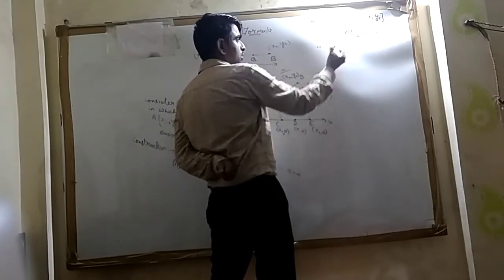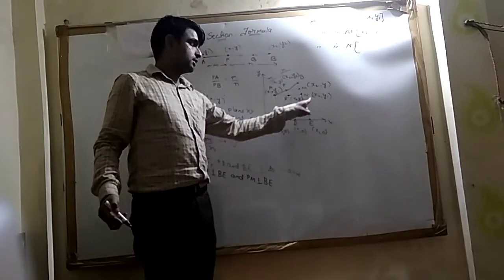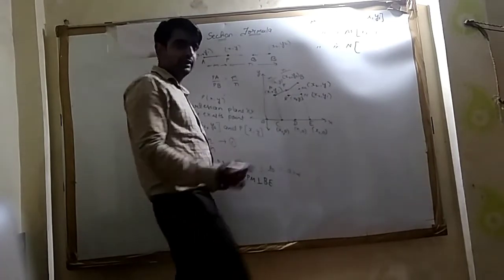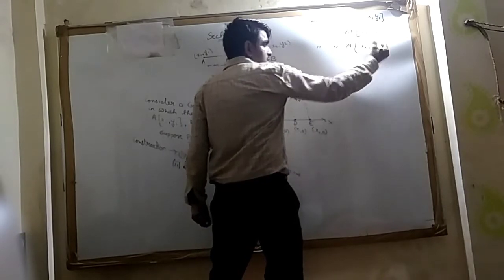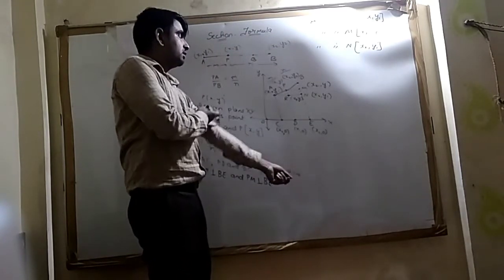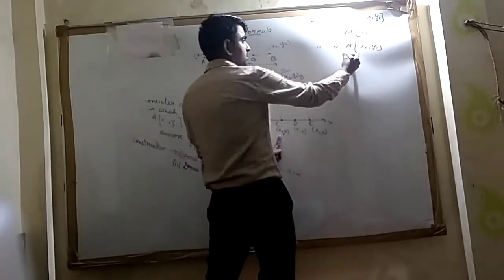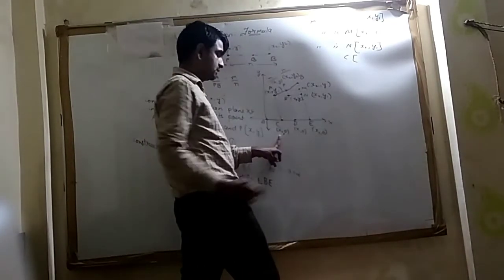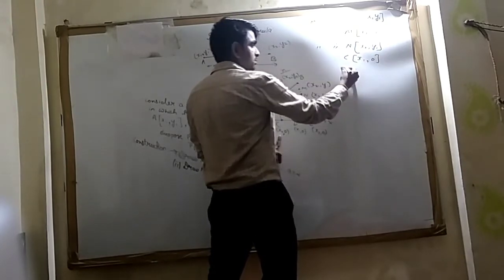Now coordinates of N is x2 comma y1. Anything left? Okay, the C, D and E. C's coordinate is x1 comma 0.